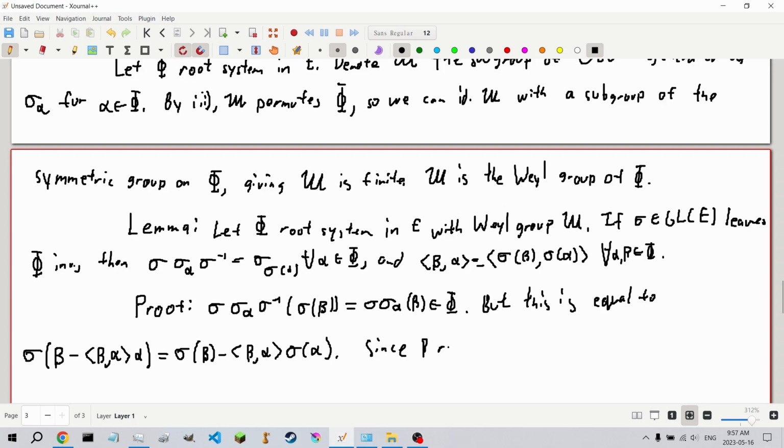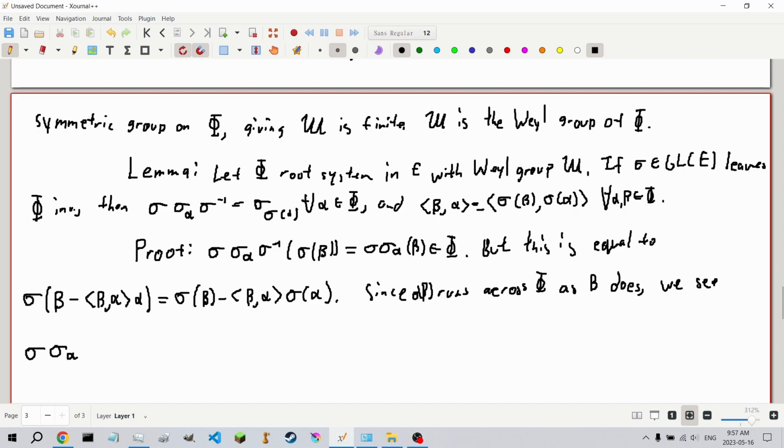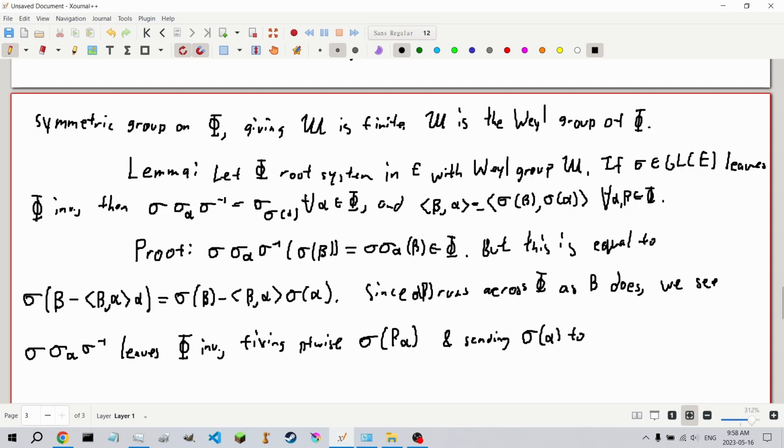Since sigma of beta runs across the root system as beta does, we see that sigma sigma_alpha sigma inverse leaves our root system invariant, fixing pointwise the hyperplane sigma of the hyperplane of alpha, and sending sigma of alpha to sigma of negative alpha.